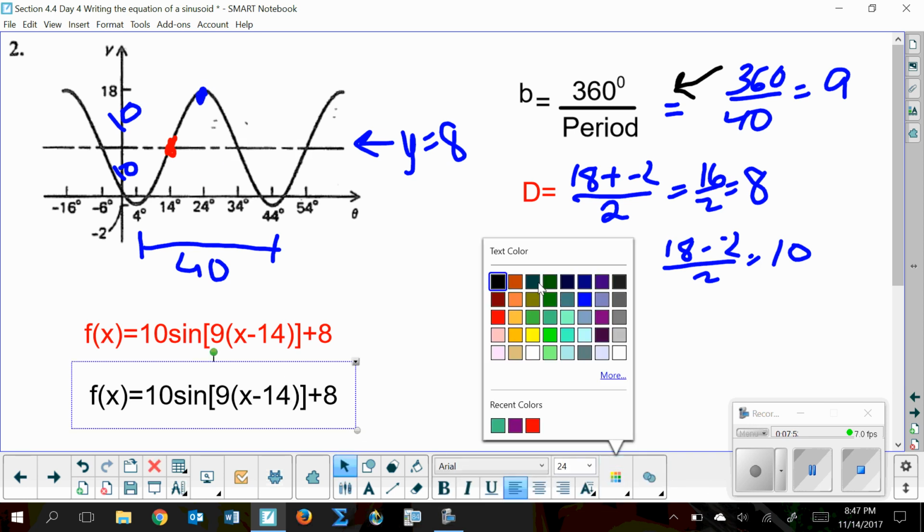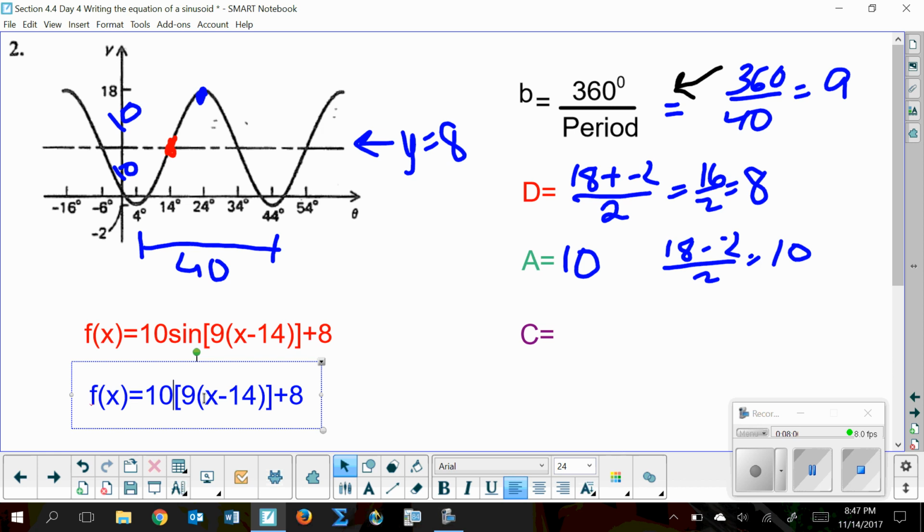Starting there, that is going to be a positive cosine curve, so I can change this to cosine. My a value is the same, my b value is the same. The only thing that changes is my c value, which is 24. It got shifted to the right 24, and the midline is still 8.